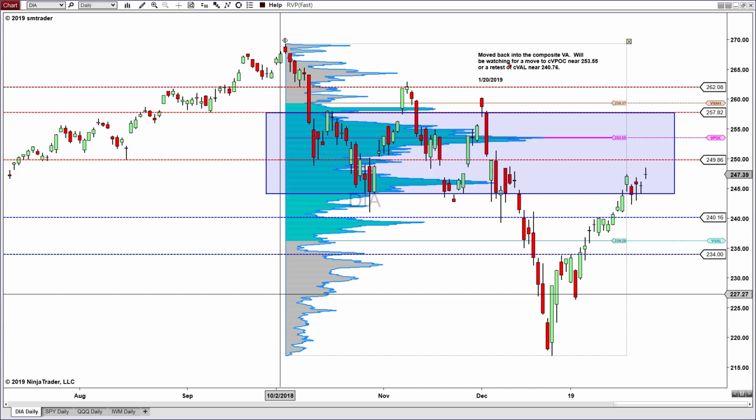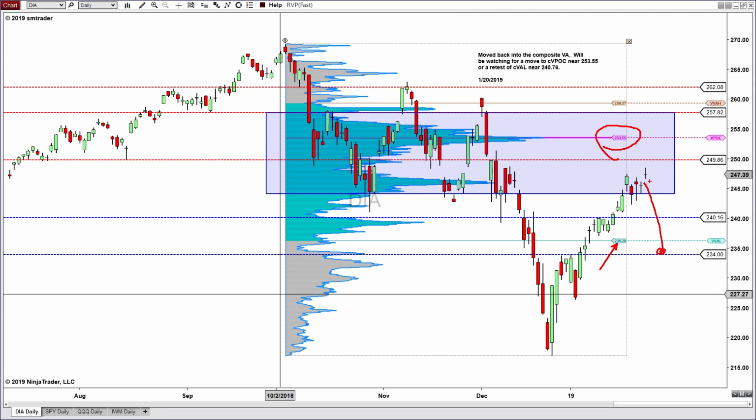And I was saying that it moved back into this value area and is working toward the composite VPOC, the point of control here, somewhere around 253.55. And if it gets rejected there, then probably it moves back down to this value low area.